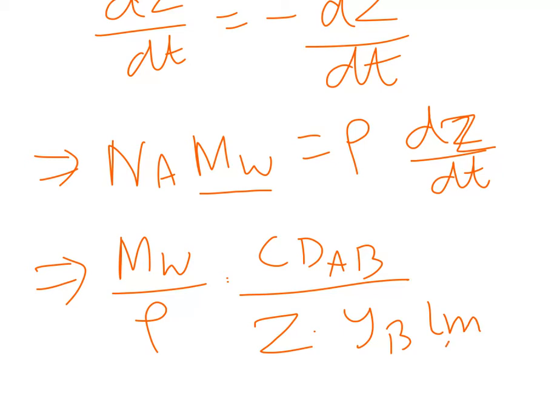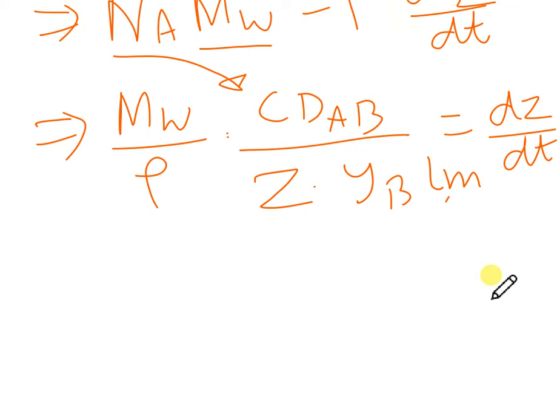This is the flux Na, and now equal to dz over dt. Okay, we are almost done.